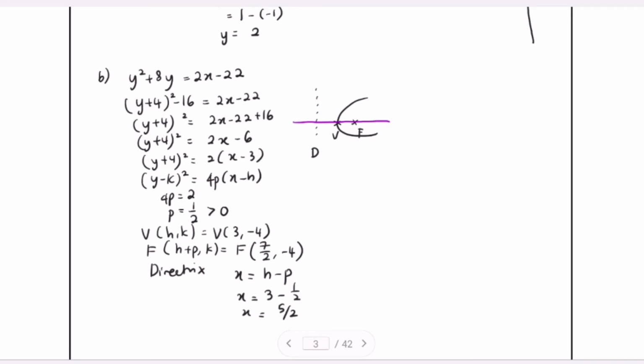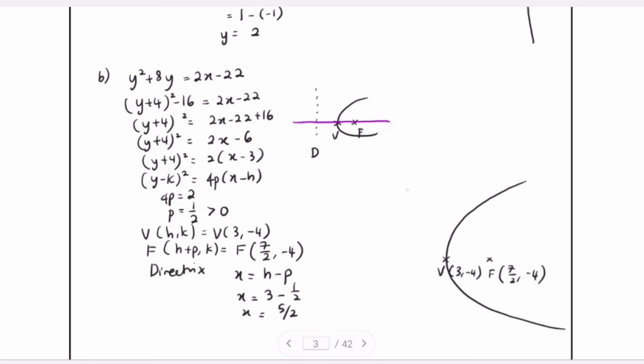Okay, let's sketch the graph. So it's going to be like this. So this is our V. Our V is 3, negative 4. And our F is 7 over 2 and negative 4.